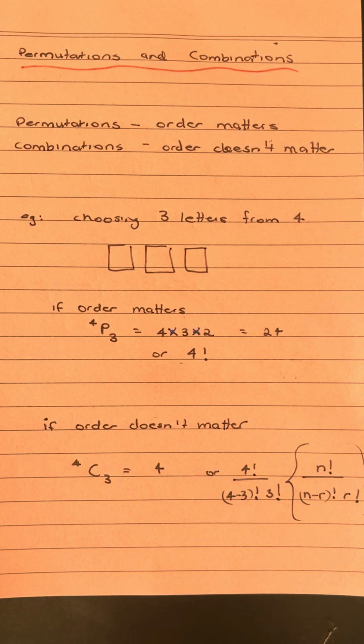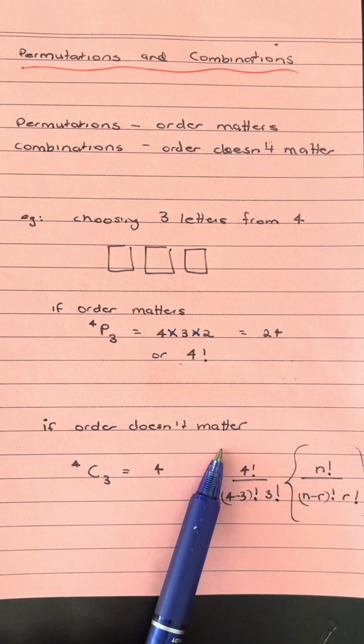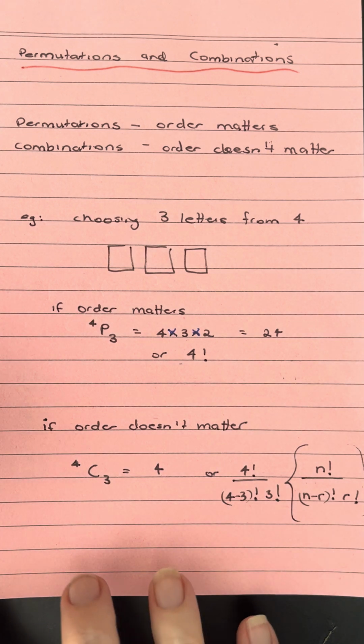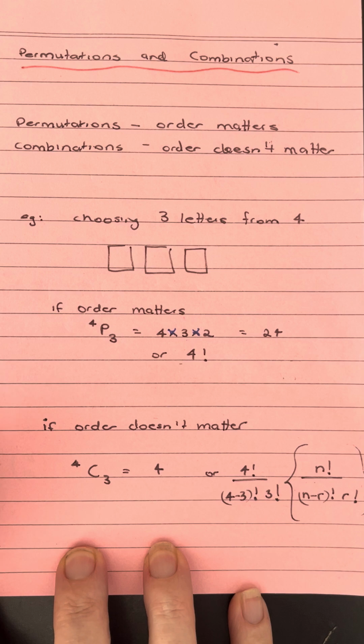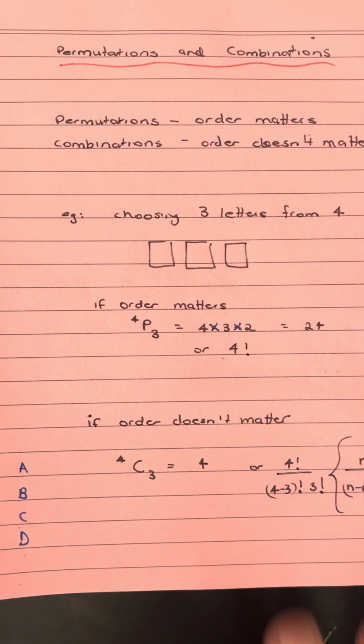Now, so that's when the order matters. So if we had the letters A, B, C or B, A, C, they're different. If the order doesn't matter, we would say that they were the same combination, so we would just be getting our choices. So if we're looking at the letters A, B, C, and D, we could choose A, B, and C, so that would be one choice.